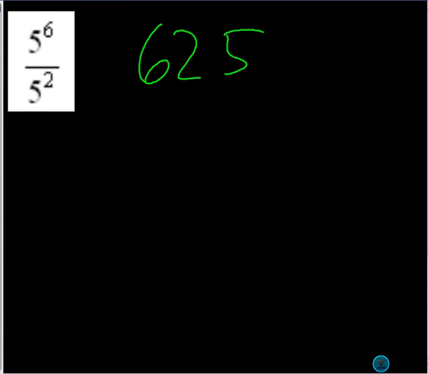So, next one works out to be 625. So I've got 5 to the 6th divided by 5 squared. So, product rule extended into division.